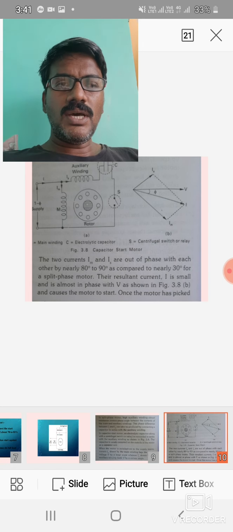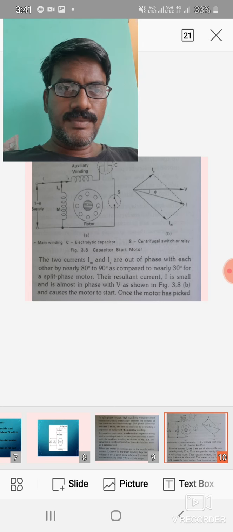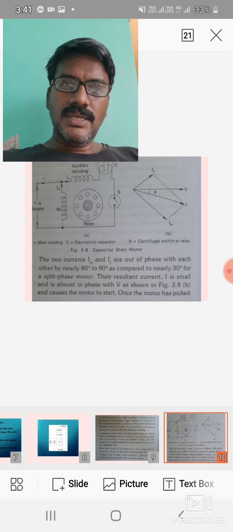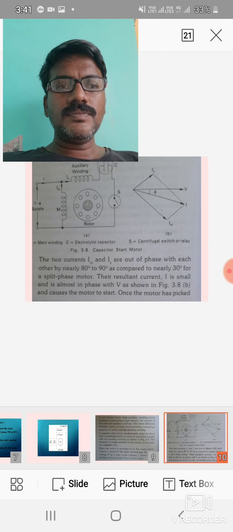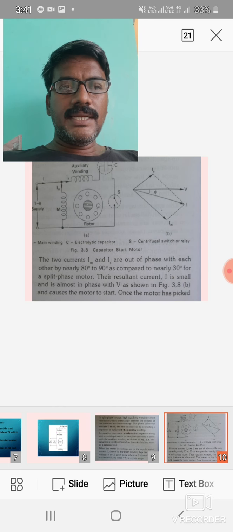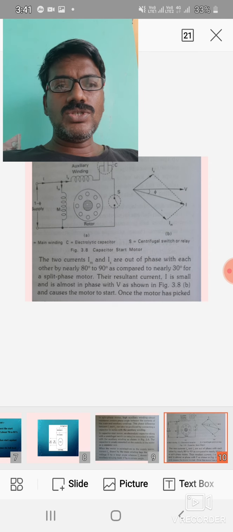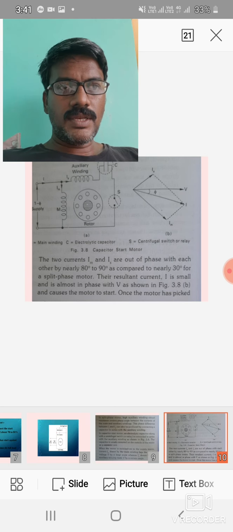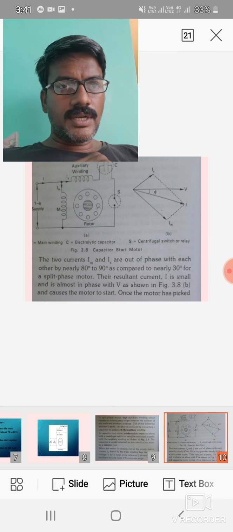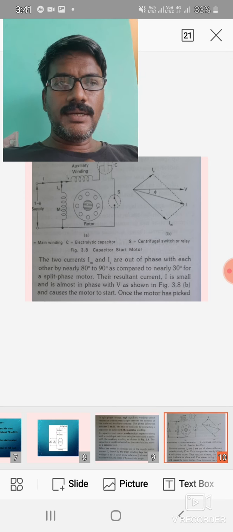For the capacitor start motor it is 80 to 90 degrees. The resultant current I is small and almost in phase with V, and causes the motor to start. That is the basic idea.